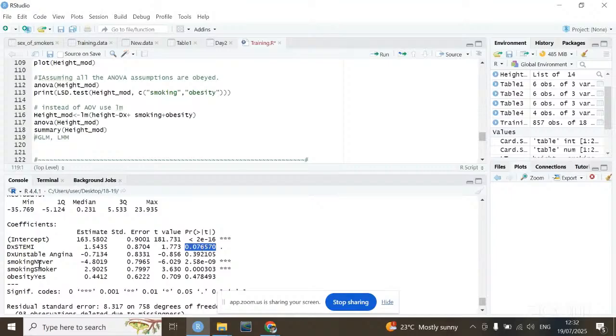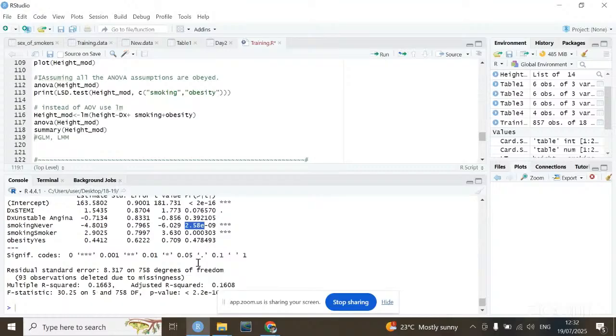Meanwhile, for smoking, a unit change in smoking results into a decrease. Oh, this is never smoking. For those who don't smoke, changing smoking status, there's a significant change in the height. When you move from smoking to non-smoking, there's a significant change in height. So this is the regression model.